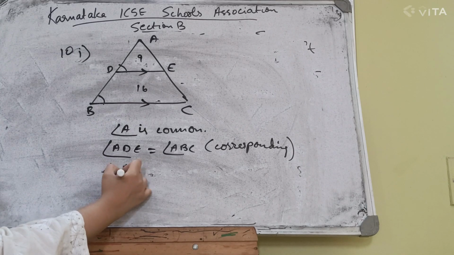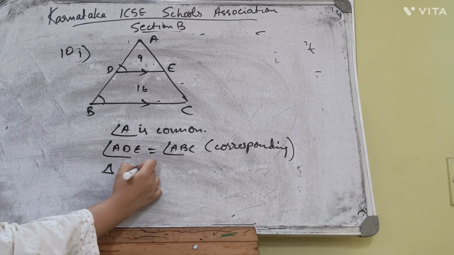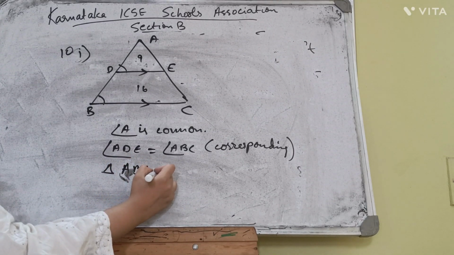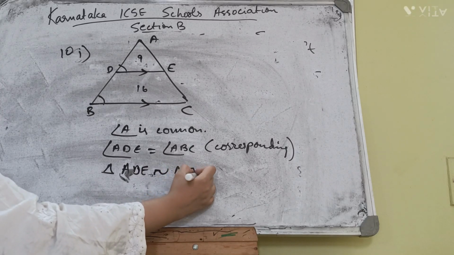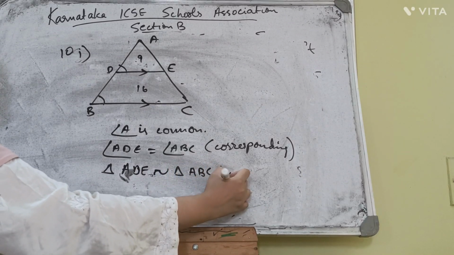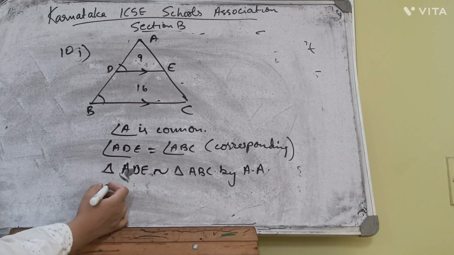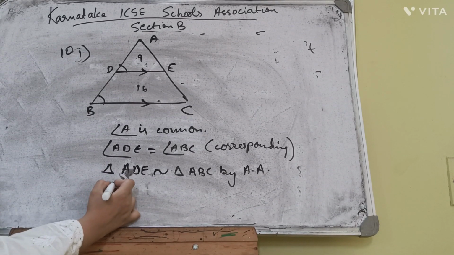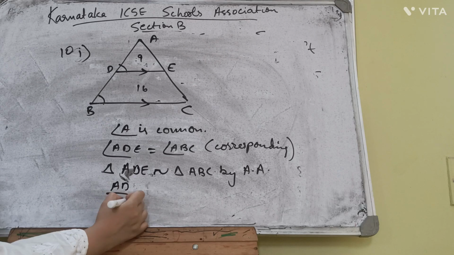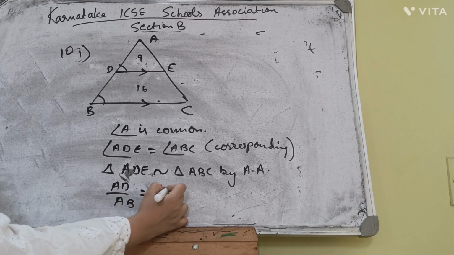So once you have proved by two angles, you can write therefore triangle ADE is similar to triangle ABC by AA postulate.